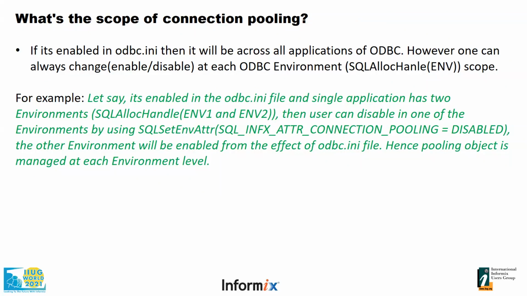But you can change it for each ODBC environment. For example, if it is enabled in the odbc.ini file but a single application has two environments, you can enable or disable it using the API. So from the application API side, you can enable or disable connection pooling according to the requirement of the application.